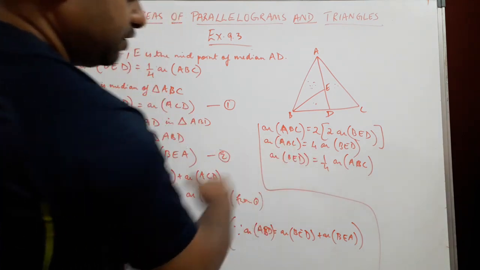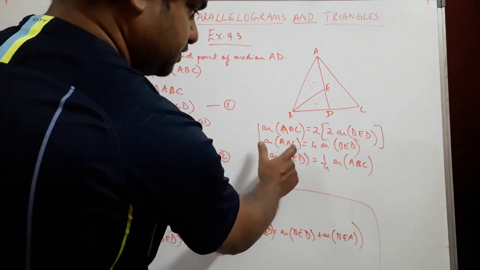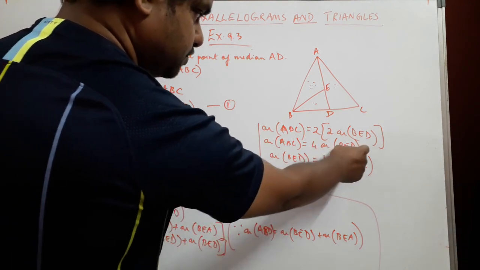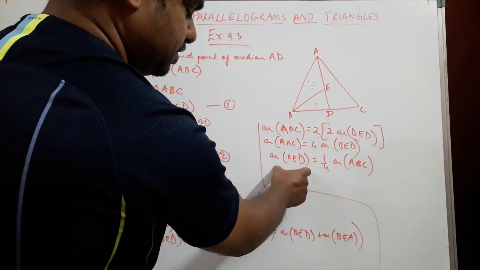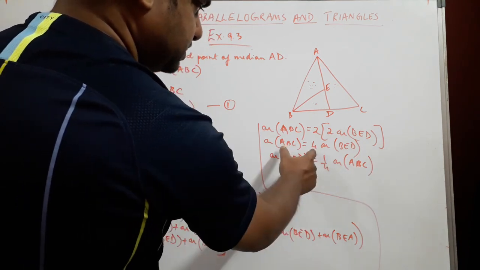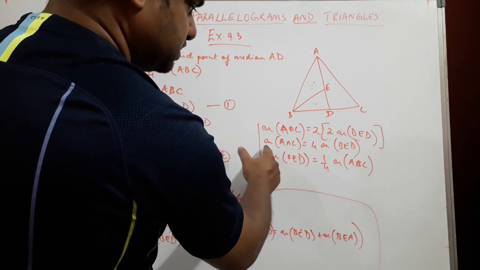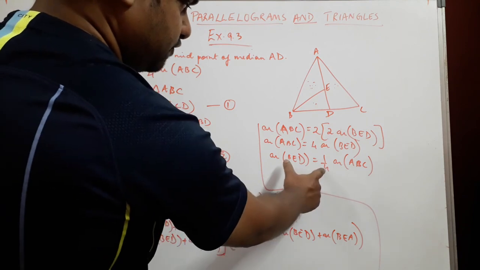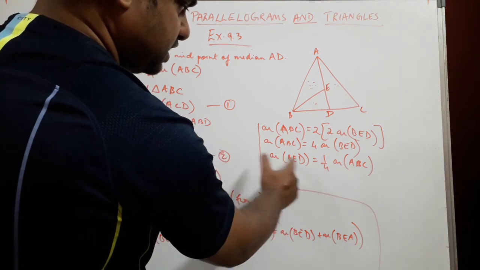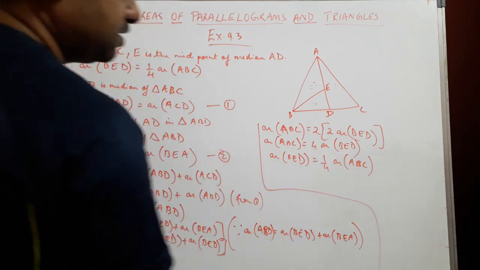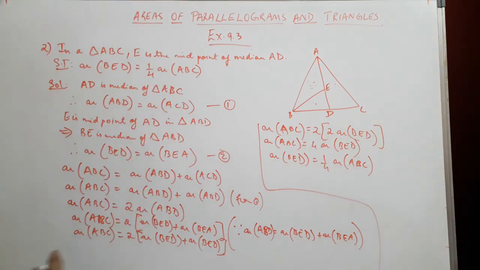This 4, when I take it on the other side, gets divided with ABC, it becomes 1/4. So all I've done is switched, putting BED on the left hand side and ABC on the right hand side. If you bring it back, 4 will get multiplied with BED, and you'll get this step back again. So this is what we were asked to show in this problem.